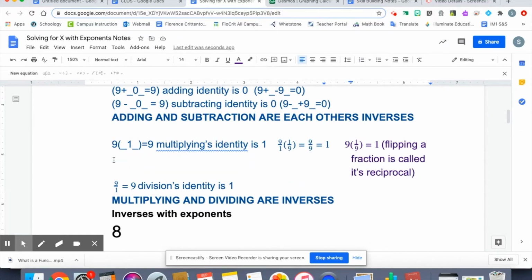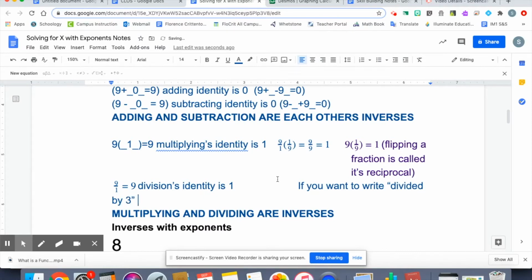So sometimes they tell you that if you want to write divided by 3, it's the same thing as multiplied by 1/3. And this is why: when you're multiplying by the fraction 1/3, what you're really doing is dividing by 3.